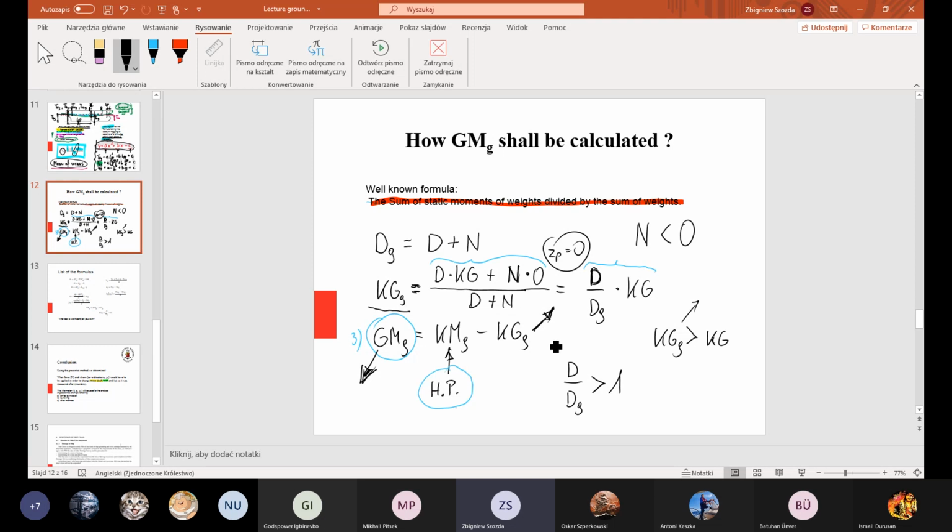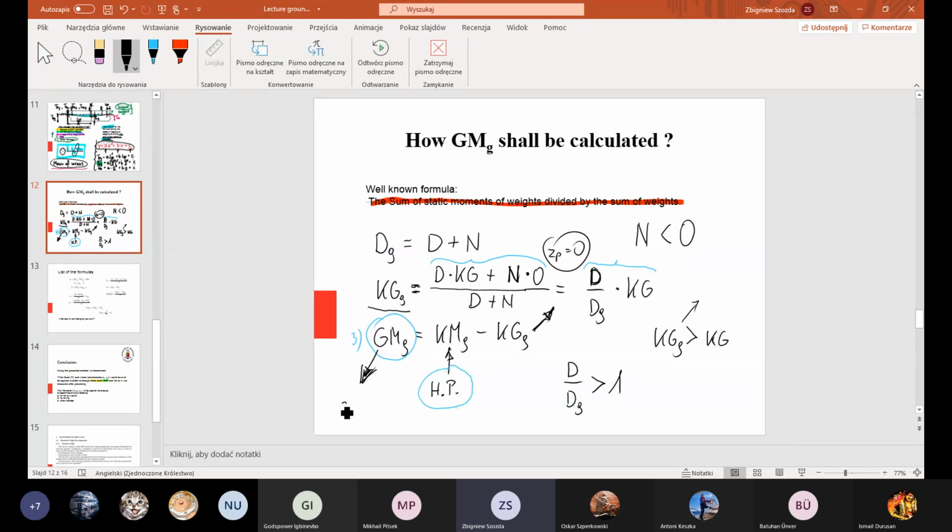Grounding is dangerous because the position of the center of gravity rises because of the additional force, and at the same time initial metacentric height goes down. So it is dangerous for a ship.